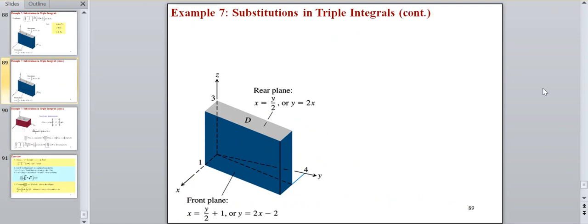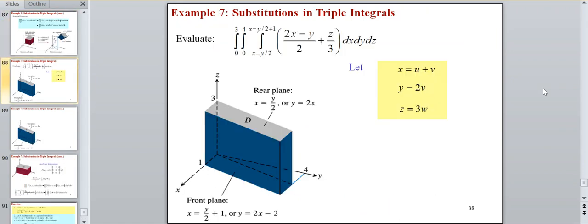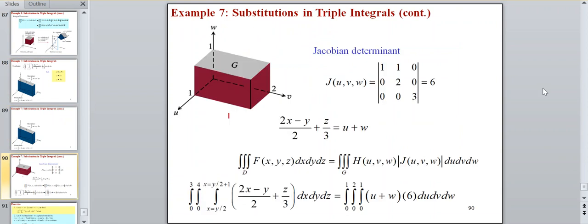Okay, now let's calculate the integral. Let's move on to this page. This is our integral, right? F of x, y, z, dx, dy, dz. It's easy to calculate. This is our f, 2x minus y divided by 2, and z over 3.